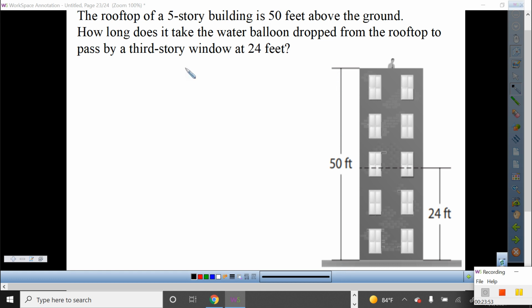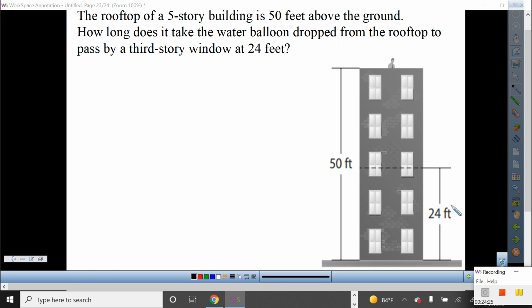50 feet. Okay. How long does it take a water balloon to drop from the rooftop to pass by the 3rd-story window, which is what? 24 feet, which is high, right? Okay, so question.